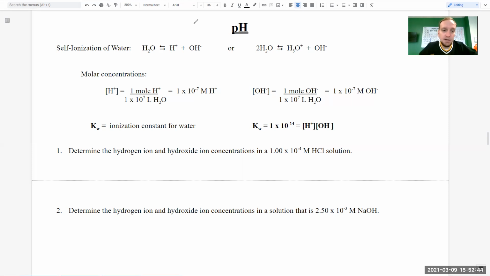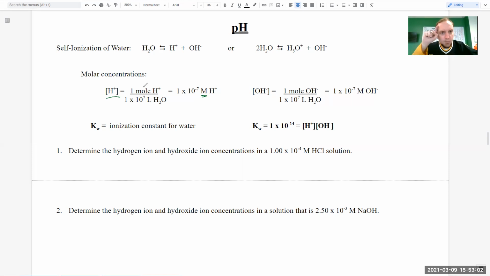Now, all that being said, on the next thing on your screen, we have the concentration of H plus ions. Remember, a bracket like this represents a concentration. So the concentration of H plus ions, we measure in molarity. Remember, molarity is moles over liters. Well, guess what? There's moles over liters.